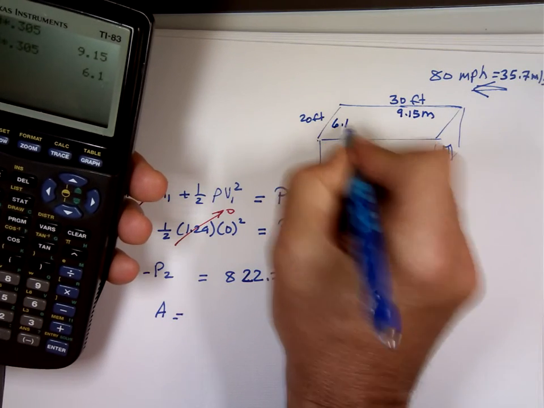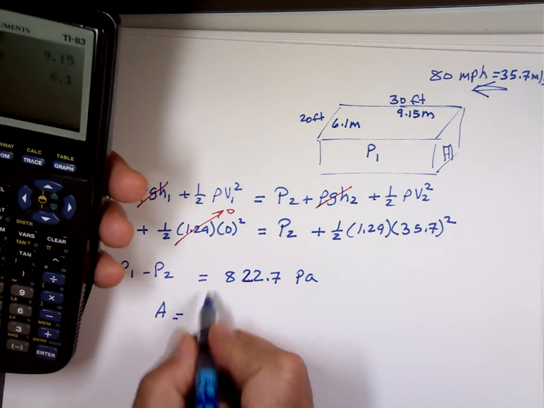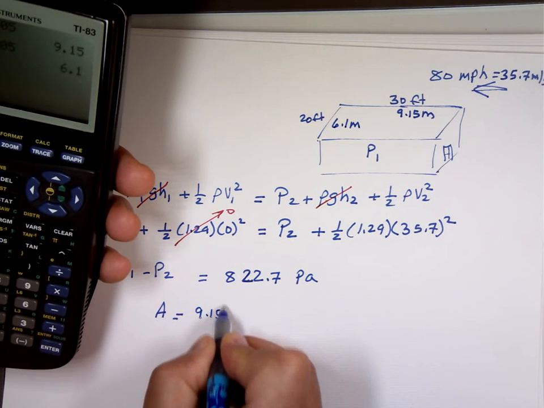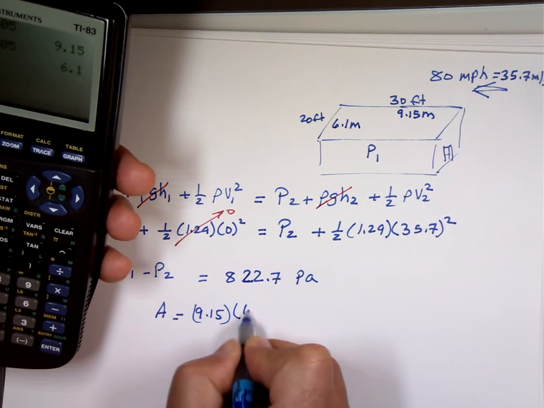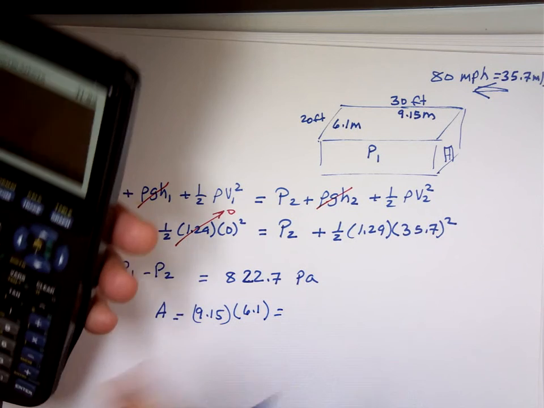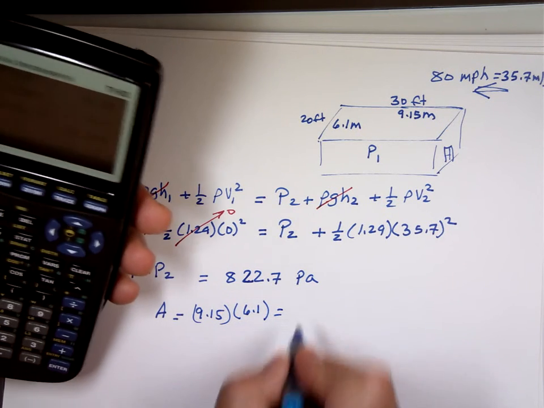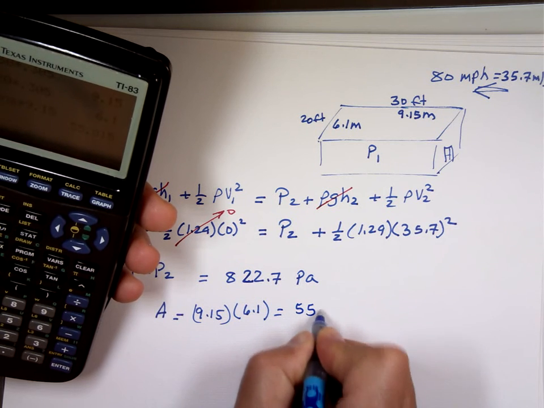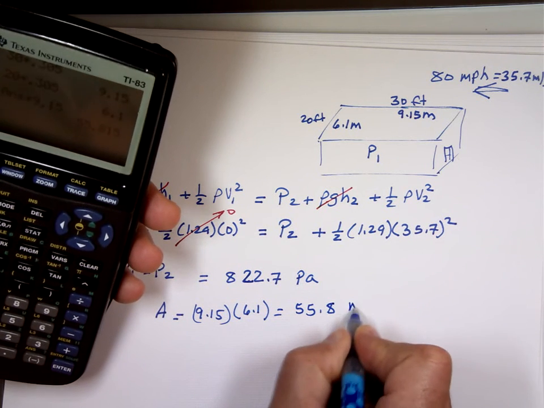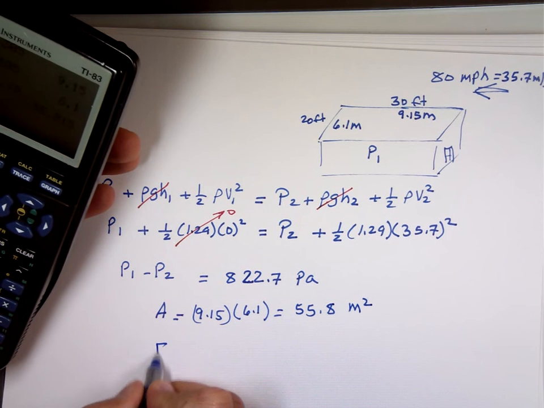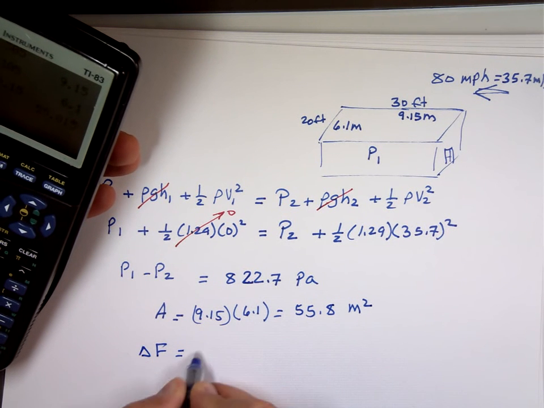So the area is going to be 9.15 times 6.1, which is 55.8 meters squared. Force, or the change in the force, is the change in pressure times the area.